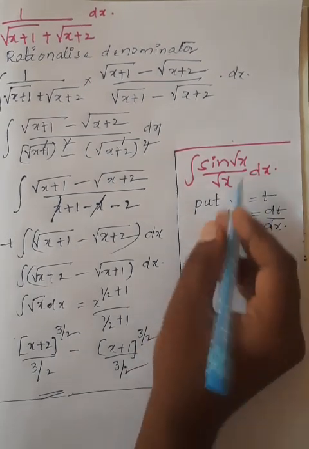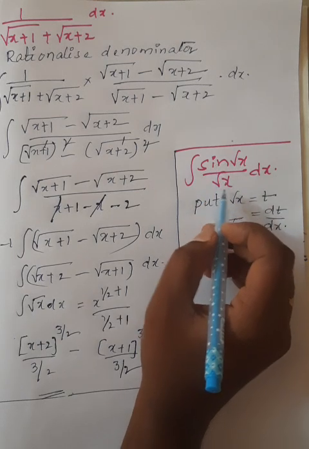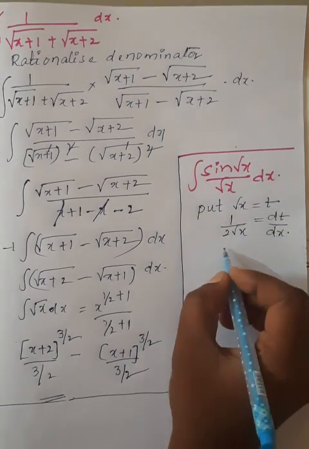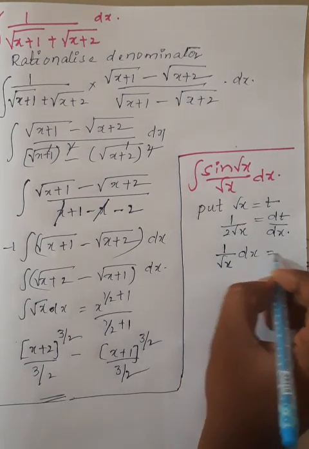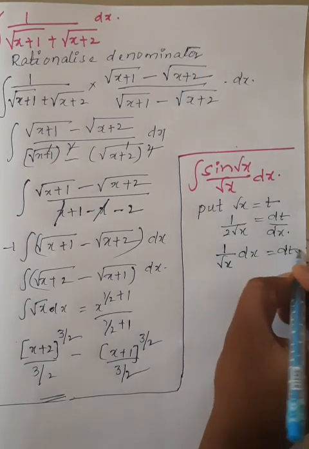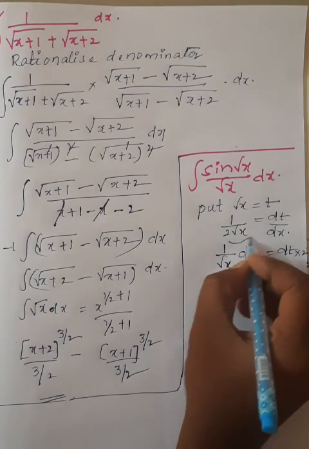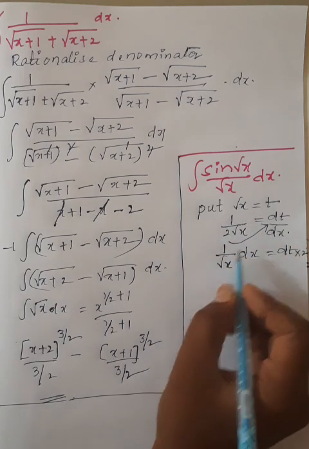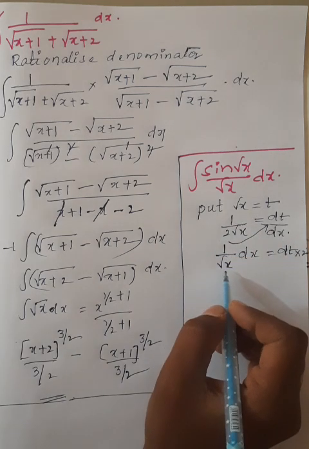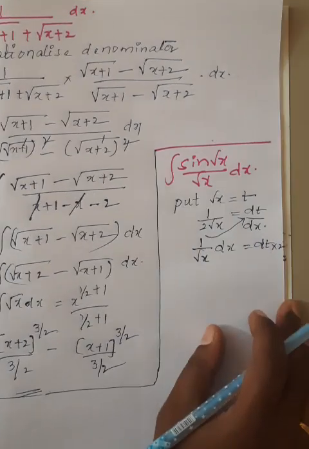Here in the question we have only 1 by root x into dx, so we consider 1 by root x into dx, which is equal to 2 dt. We cross multiply 2 to dt, so dx by root x is equal to 2 dt.